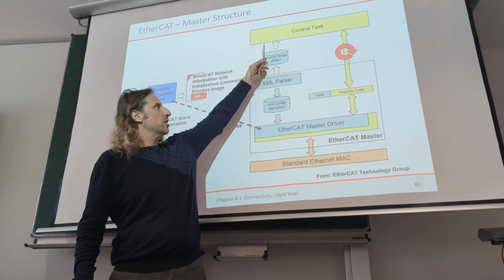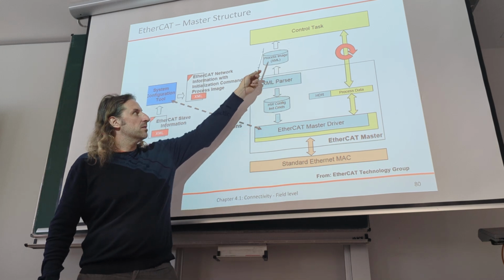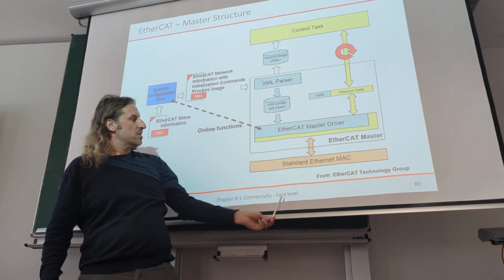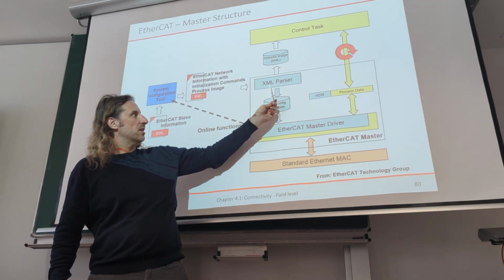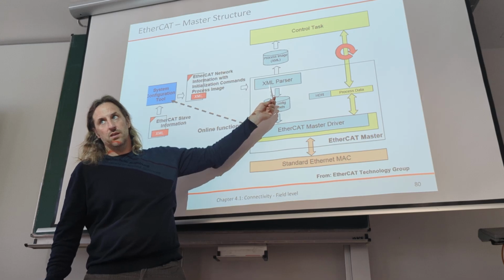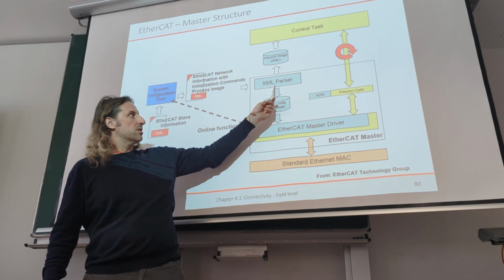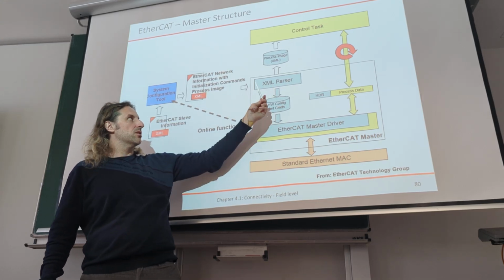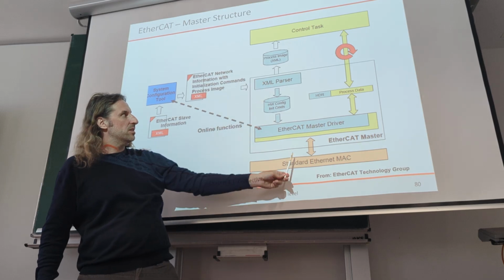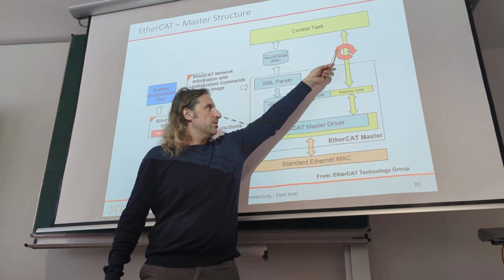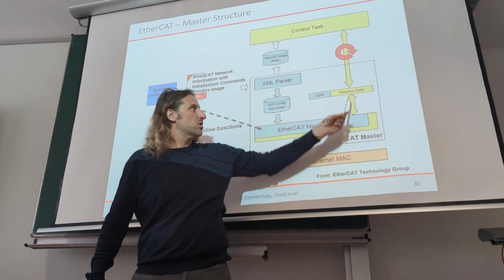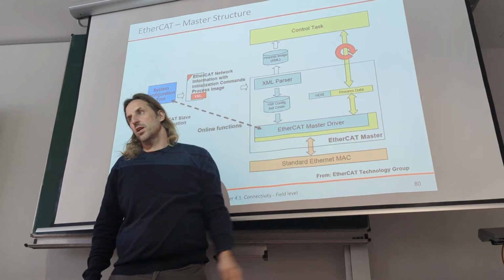That was what we were programming. And what we did was we scanned the Ethernet devices, and then they found the XML description and looked in the catalog on how to interact with them. And then we had this control task channel. That was the channel that we used to exchange our I/O.